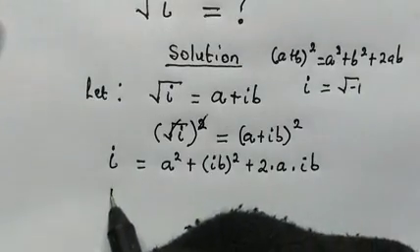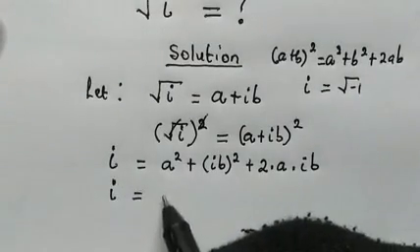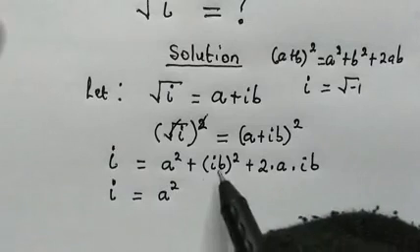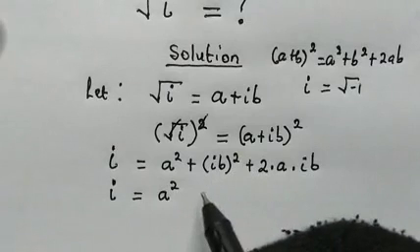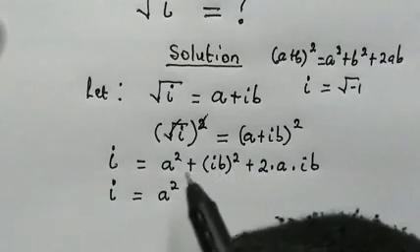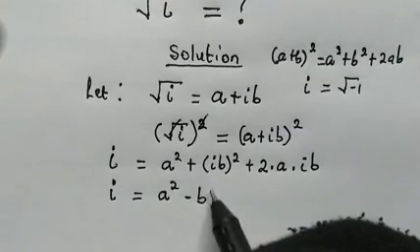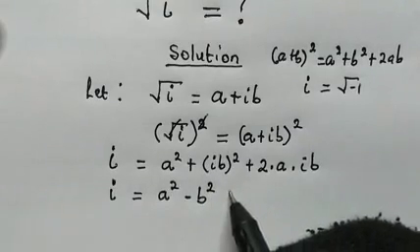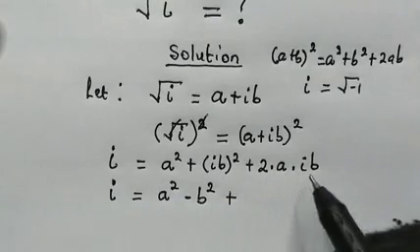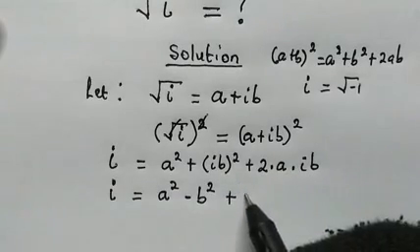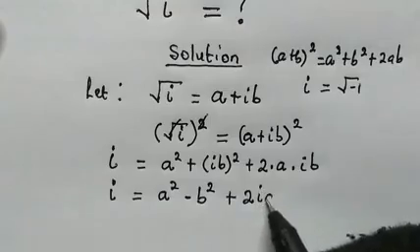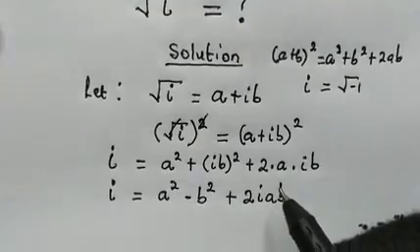So here we get iota is equal to a squared, plus i squared, which is -1, times b squared, which is -b squared. Then we have plus 2 times a times iota times b, that will give us 2i times a times b.